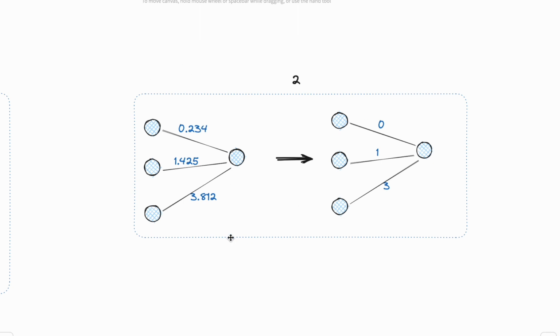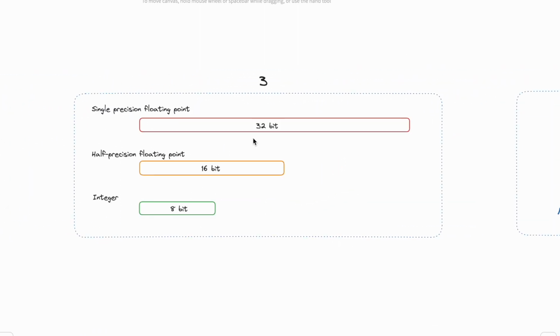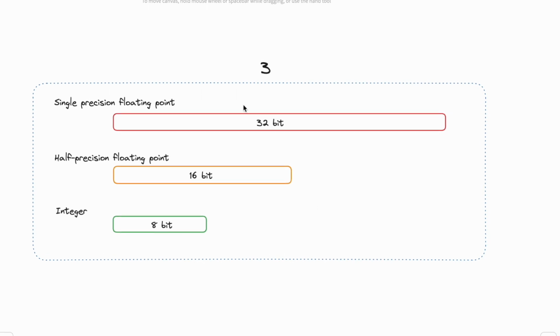But what does it mean? Why is it important in terms of optimization and memory usage? If you look at this diagram, you can see that one single precision floating point requires 32 bits in memory. However, when we convert this floating point to an integer, instead of 32 bits we can just use 8 bits.